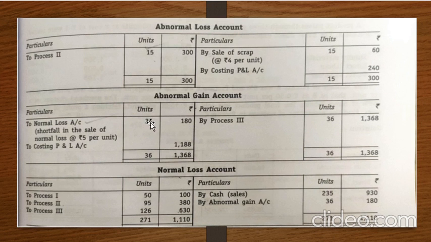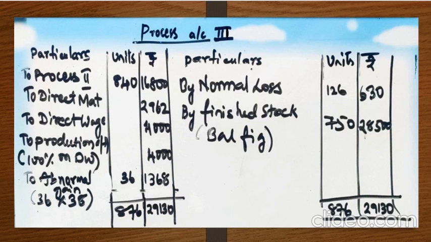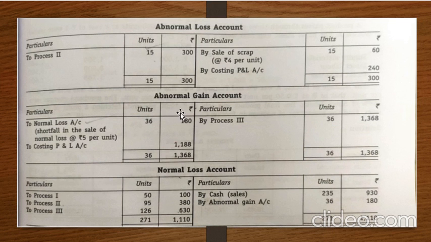If you look, your normal loss is adjusted for 36 units for 180 rupees. How much was your normal loss here? 126 units and 630 rupees. So among this 126, 36 is adjusted, and among the 630, 180 is adjusted. So your normal loss will decrease now.